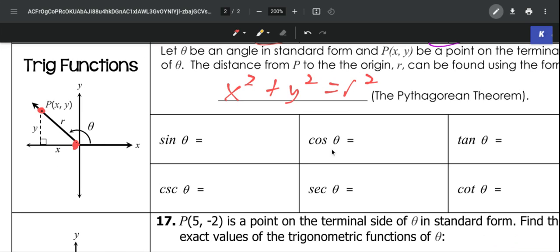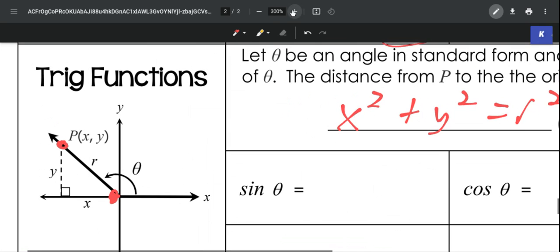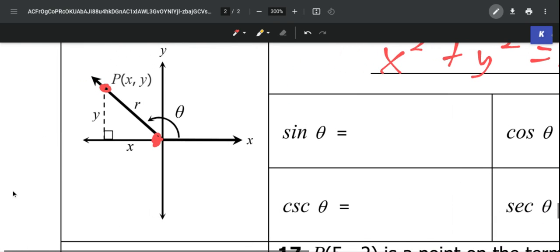Then we can set up sine, cosine, tangent, cosecant, secant, cotangent, because here's what ends up happening. If you look here, we end up having a triangle formed, and y and x are our two legs. Our hypotenuse is r.